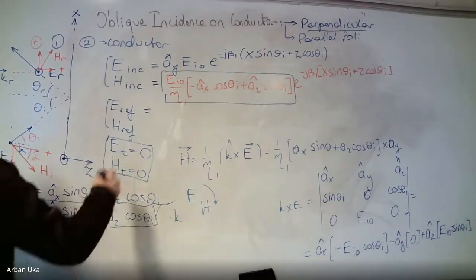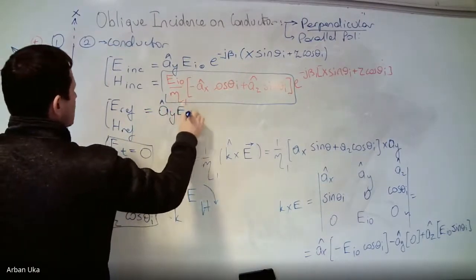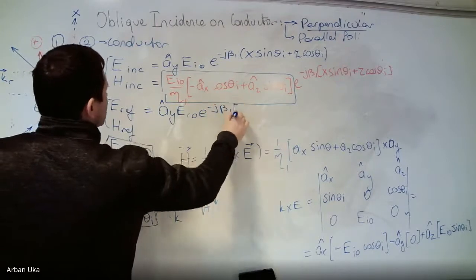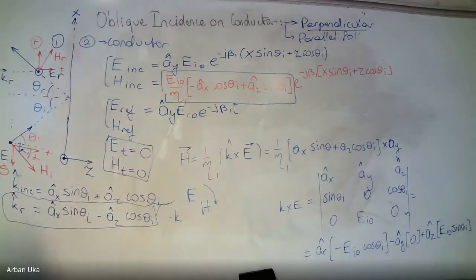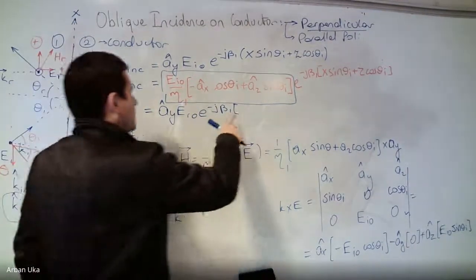The E reflected is going to be again the same, like AY times ER0 times e to the power minus j beta 1. And if we observe here, we just need to insert this k in these terms.